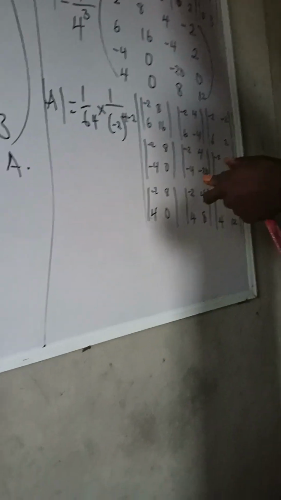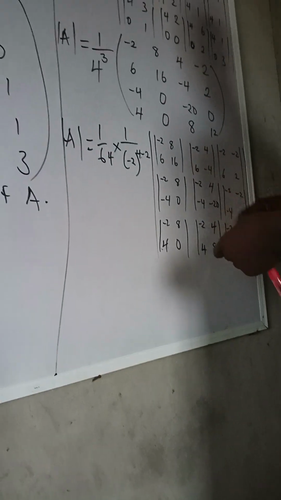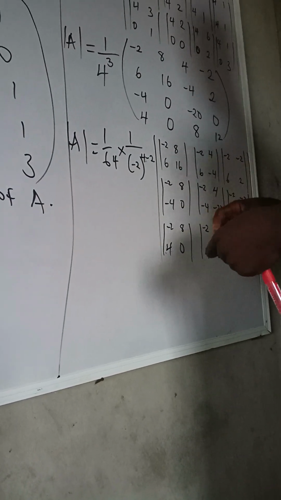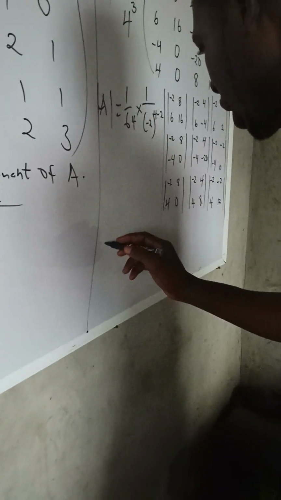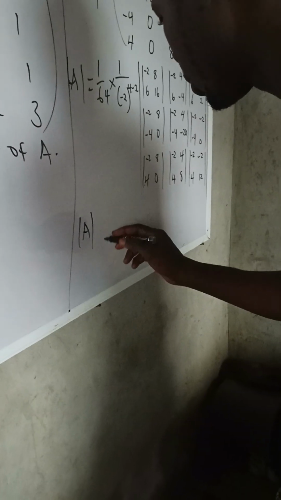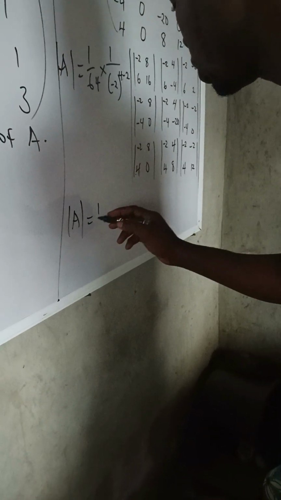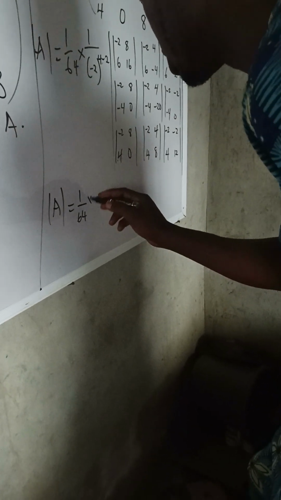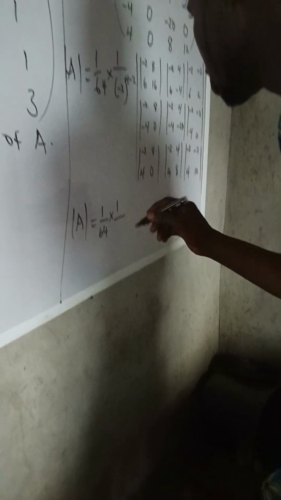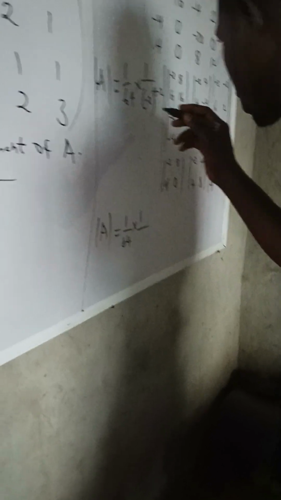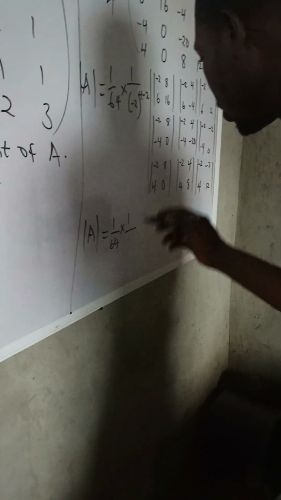Let's reduce this now. You can just multiply everything you have there. So here we are going to have the determinant of A to be 1 over 64 times 1 over 2 raised power 2, minus 2 raised power 2 is going to give us what? 4.